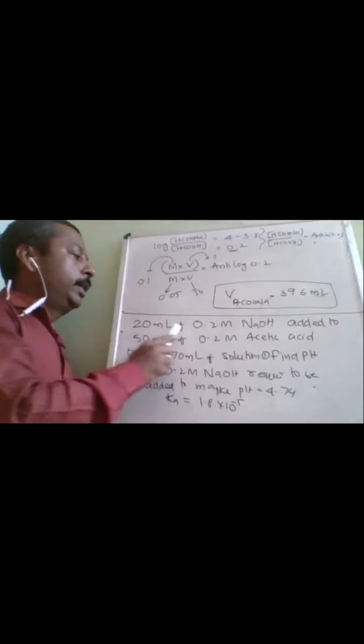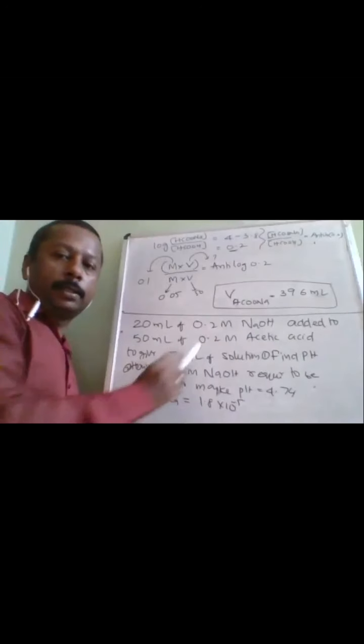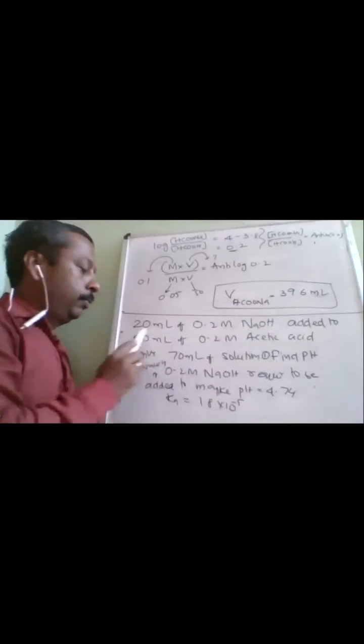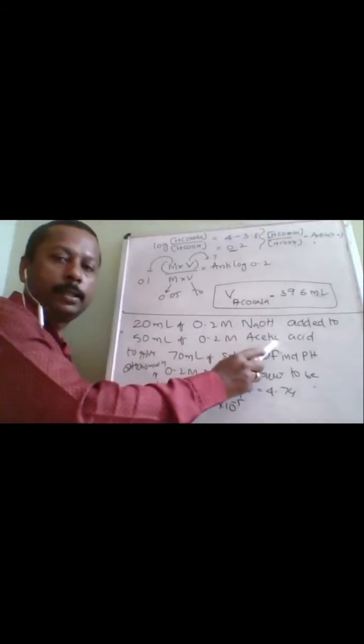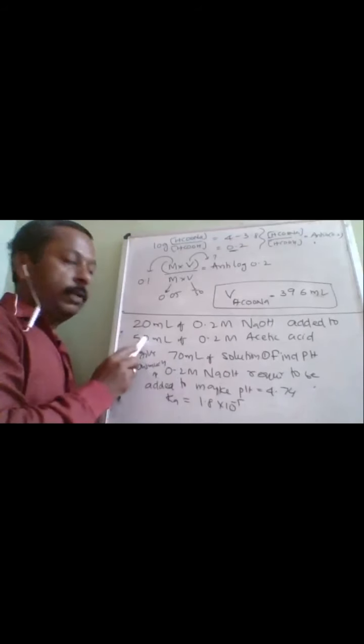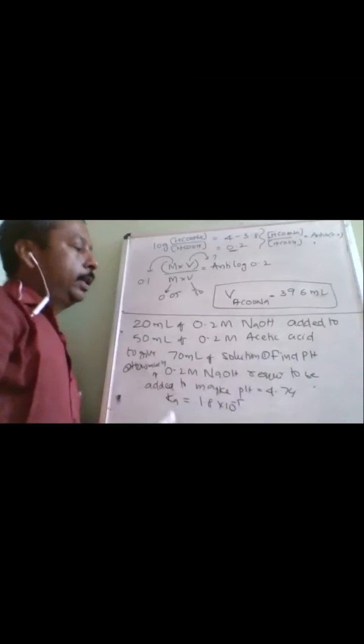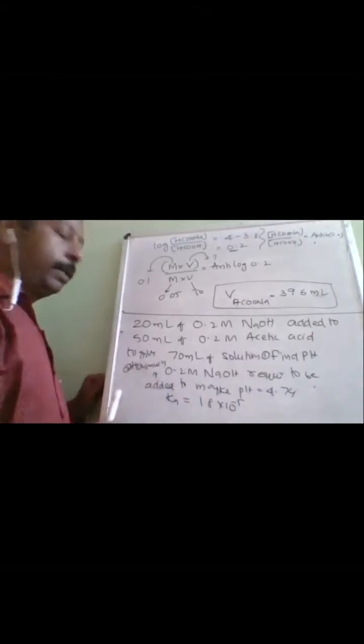Okay, next question: 20 ml of 0.2 molarity NaOH, a strong base, is added to 50 ml of 0.2 molarity acetic acid. Then you are getting 70 ml, 20 ml plus 50 ml. Then what is the pH? This is the first part.